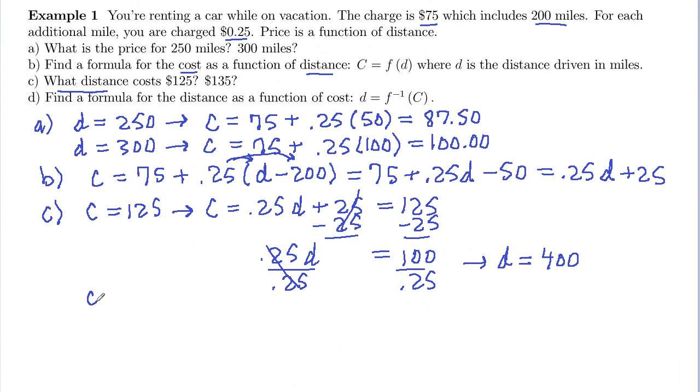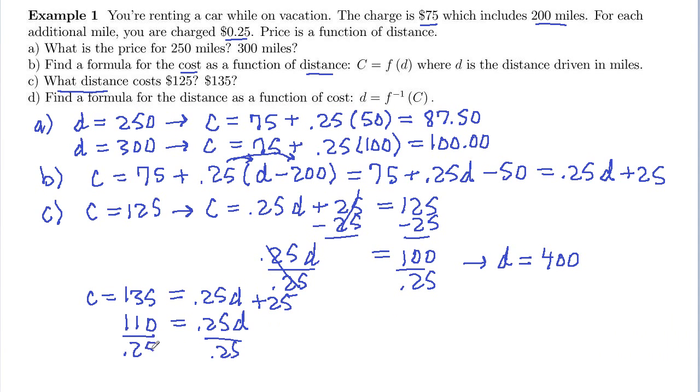So if our cost is 135, we are again going to set that equal to the 0.25d plus 25. We're going to subtract 25 on both sides. That'll leave us 110 on the left equals 0.25d. And then divide both sides by 0.25, which is going to leave us 440.